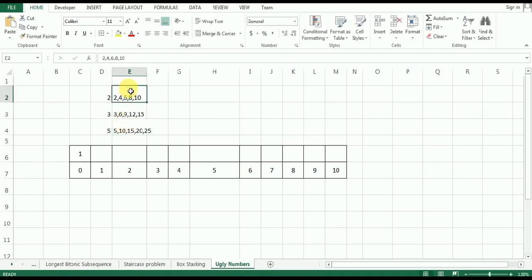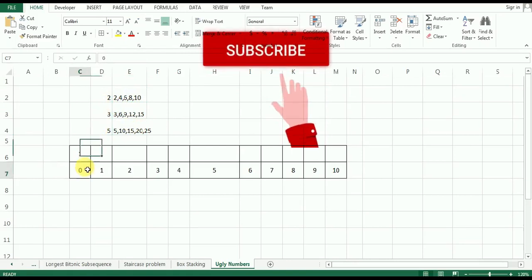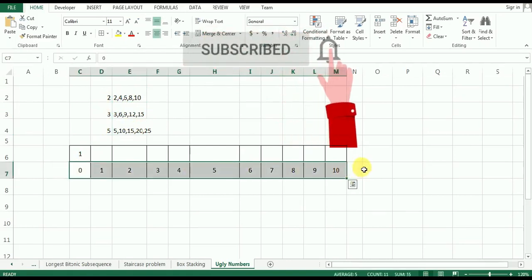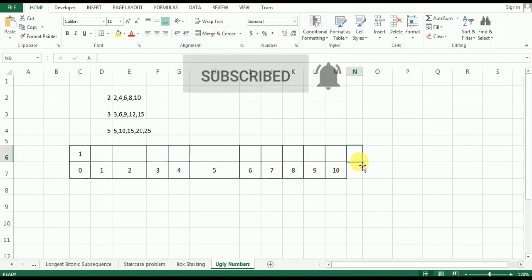Alright, so all of these are ugly numbers, and they are coming out of the series of individual prime numbers with which the ugly numbers are made of. Now we have this array. Since we are talking about dynamic programming, storing the optimized solution of the subproblems is key.